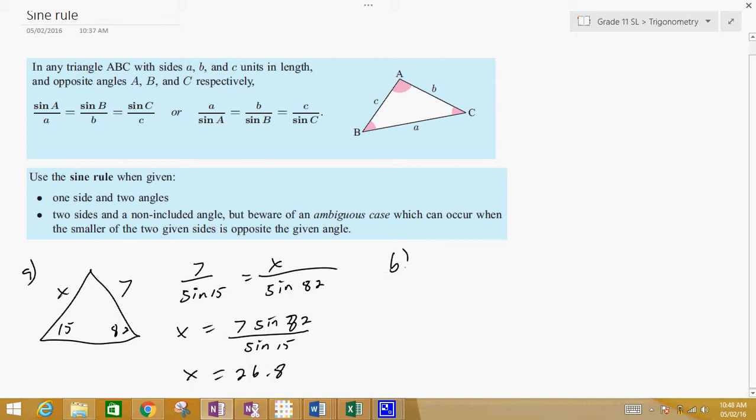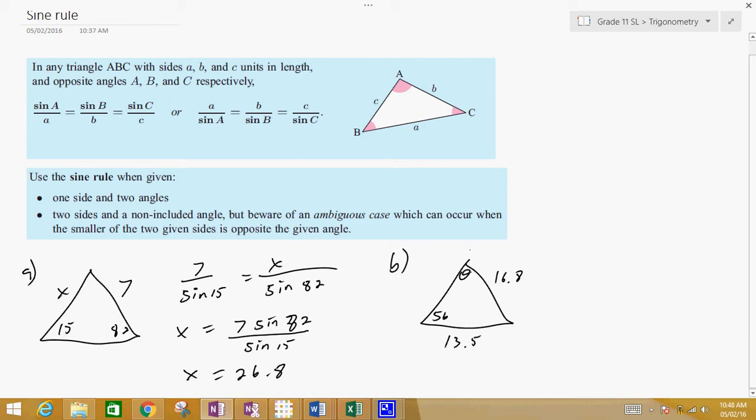Another example is, suppose I have a triangle like this, where you've got an angle of 56, a side of 16.8, a side of 13.5, and you're trying to figure out what this angle is.